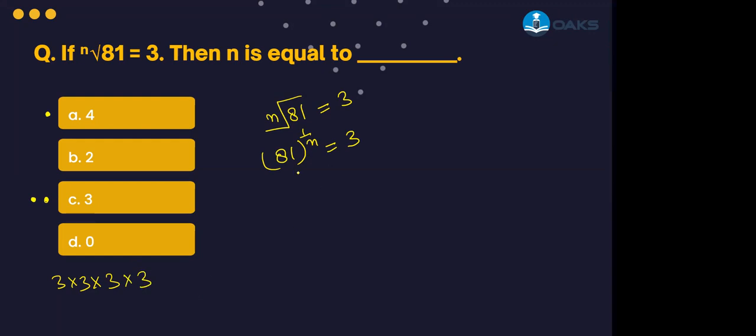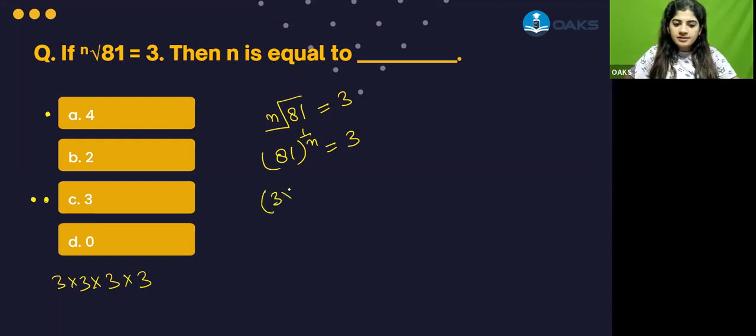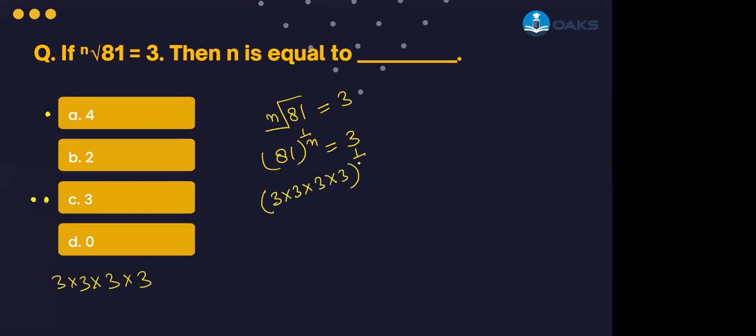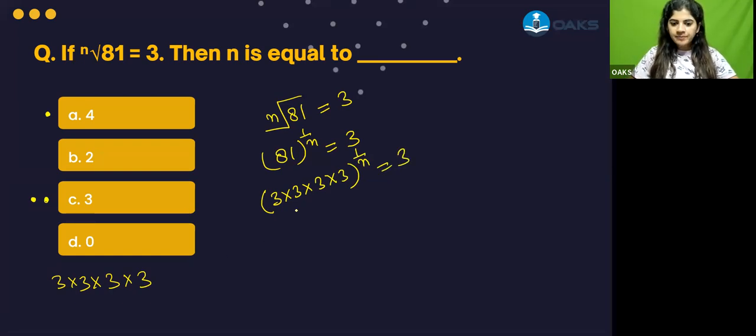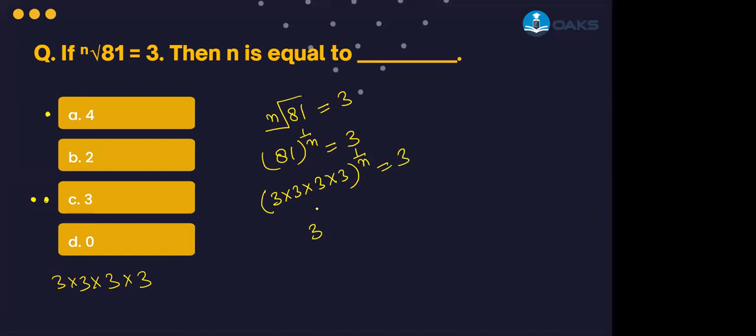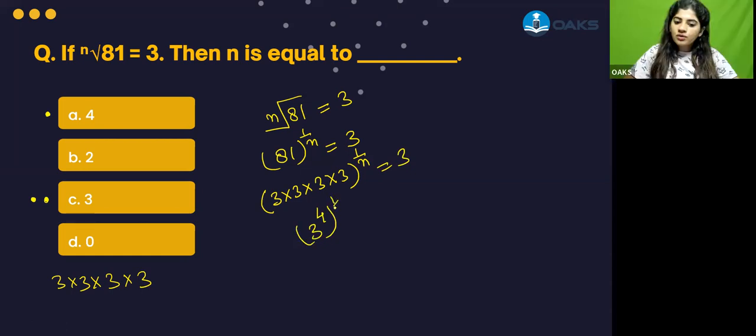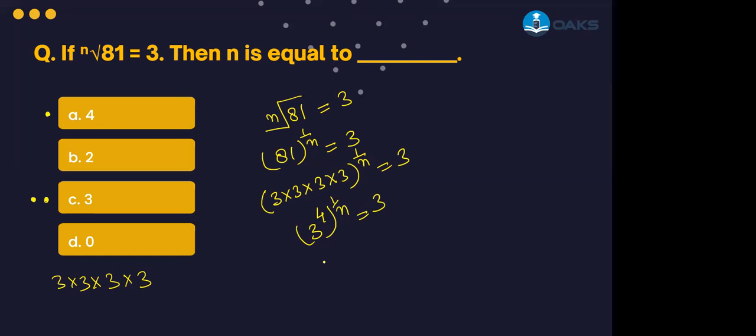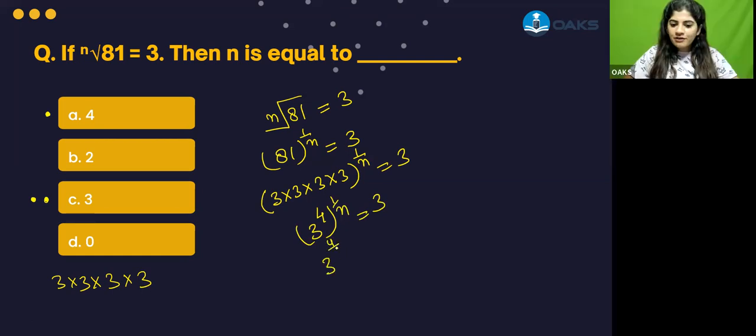So I can write this as 3 into 3 into 3 into 3. Then 81 raised to 1 by n is equal to 3, which is 3 raised to power 4, raised to 1 by n, equal to 3. That is 3 raised to power 4 by n, equal to 3.